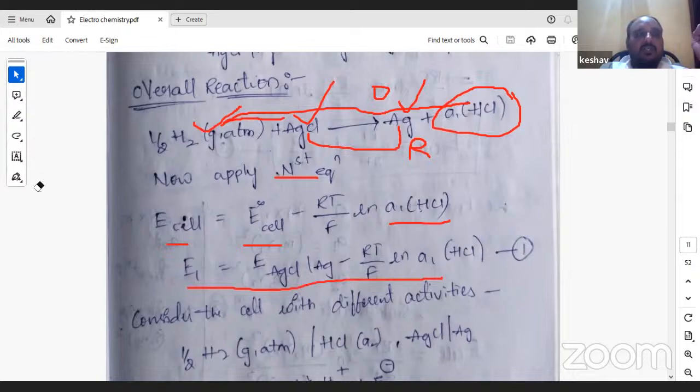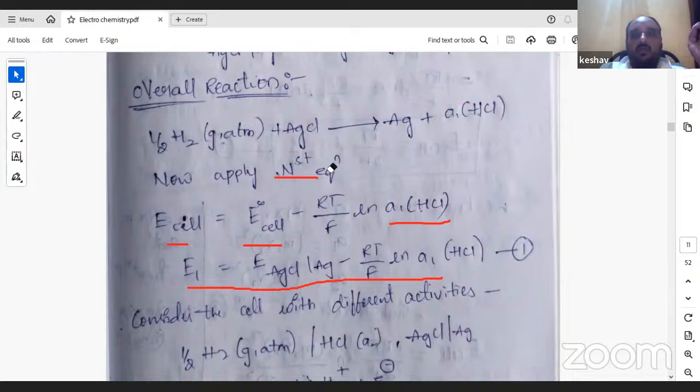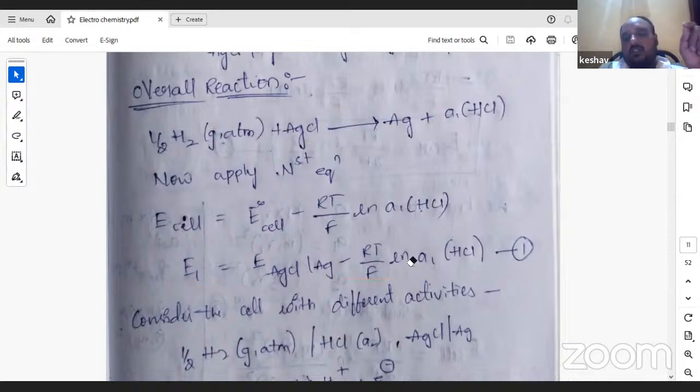The same conditions apply for activity A2. The hydrogen electrode is dipped in HCl solution whose activity is A2, then connected with the silver chloride by silver electrode. Therefore, hydrogen will undergo oxidation and silver chloride will undergo reduction.